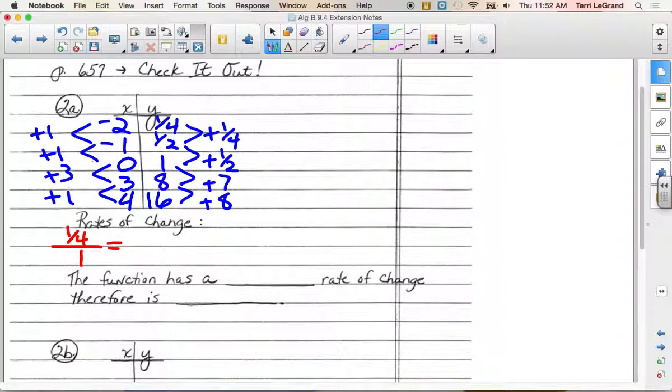Well, anything over 1 is itself, isn't it? So what is 1/4 over 1? 1/4. Next one is 1/2 for the y change over 1. What's 1/2 over 1? 1/2.